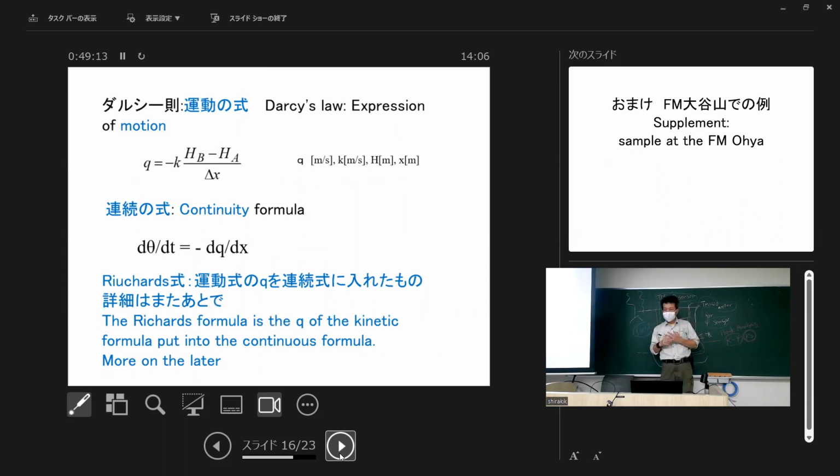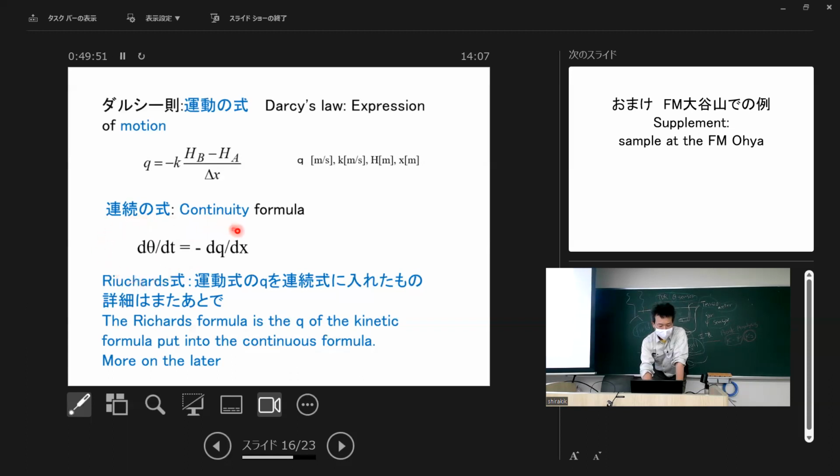in the second or third seminar. I haven't prepared well about Darcy's law and the Richards equation, so it is better to explain these points later. But you know that the Darcy equation is about motion, and we need the continuity formula.